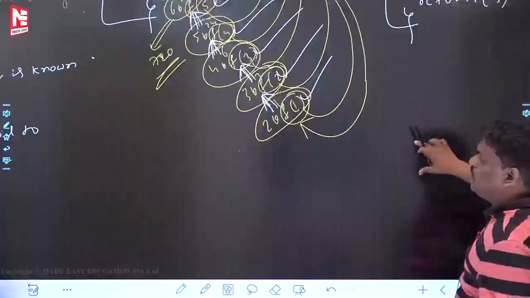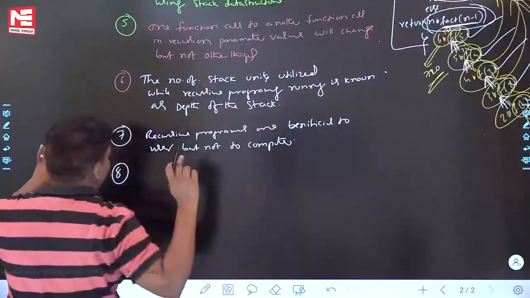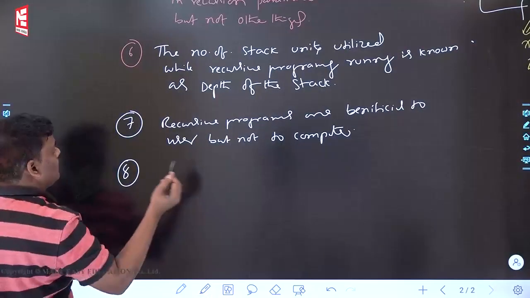I think by seeing this one, you can write one line. What is that? Every recursive program contains an equivalent non-recursive program.